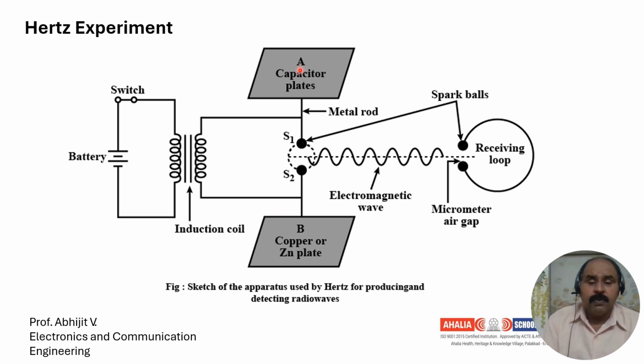When a high potential difference is applied across these two parallel plates, a sinusoidal wave, an electromagnetic wave, is generated, and it could be received in a receiving loop with two spark balls separated with a small air gap, a micrometer air gap. This was the first experiment which demonstrated that electromagnetic waves could be used for communication from one point to the other.